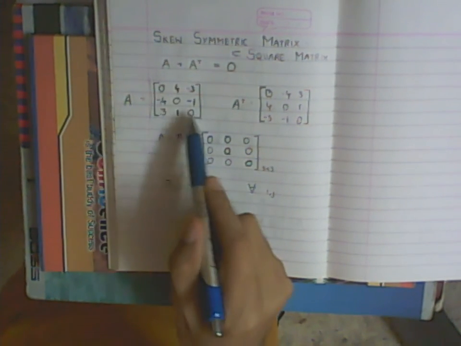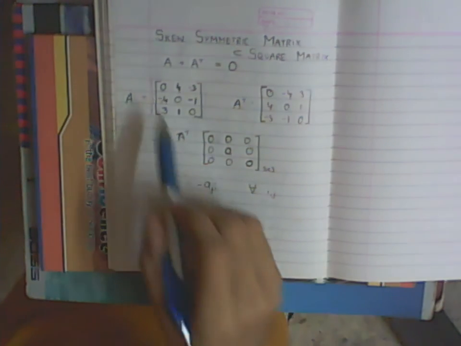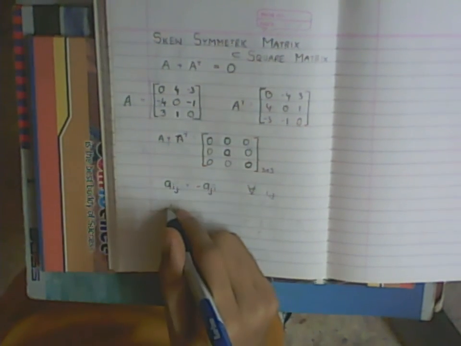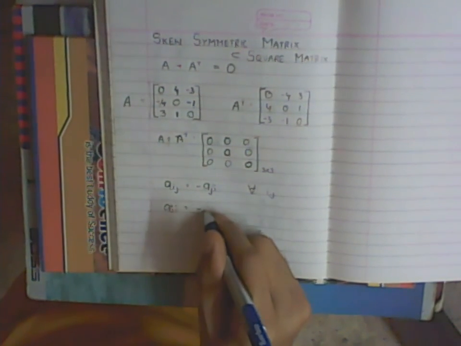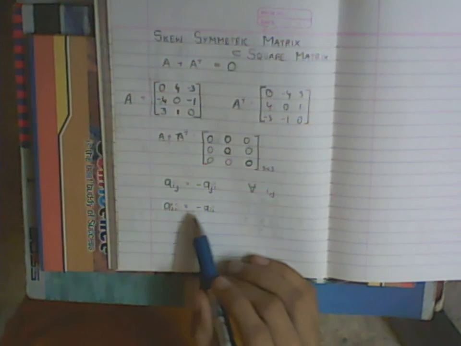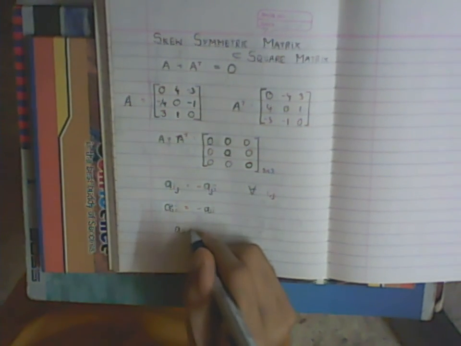And this also shows that for the diagonal entries, i is equal to j. So if I had i equal to j, I would say Aii is equal to negative Aii. And a number is equal to its negative only when it is 0, right? So I can say that Aii is equal to 0.